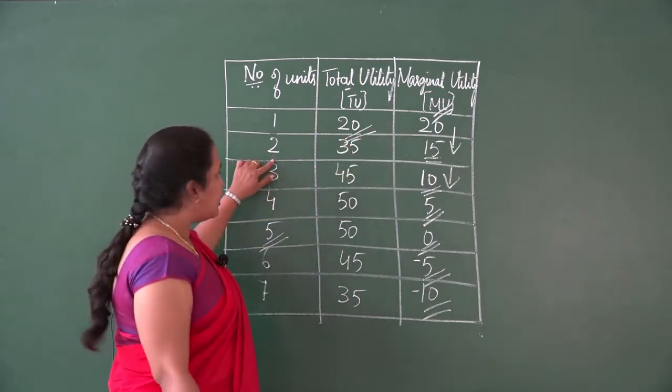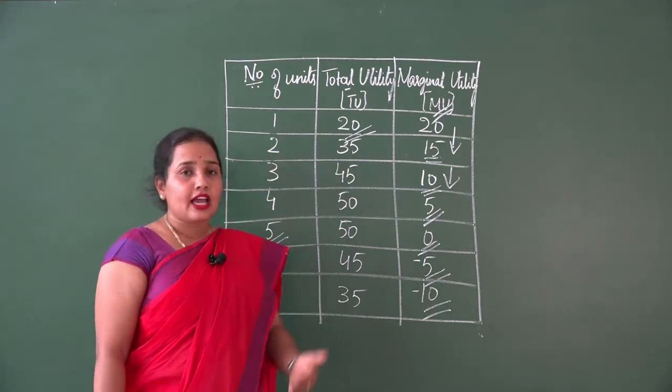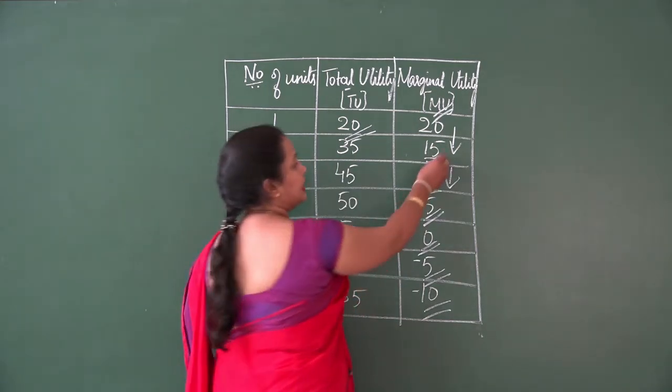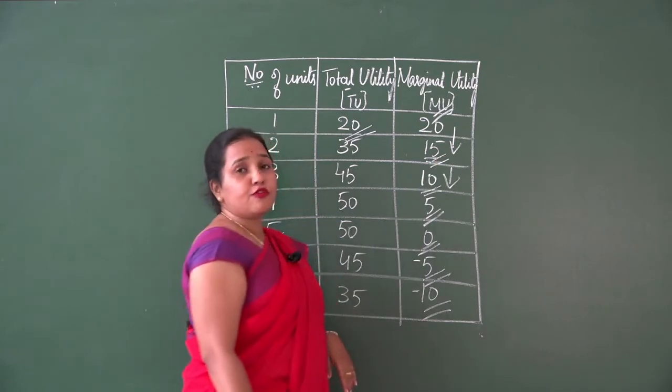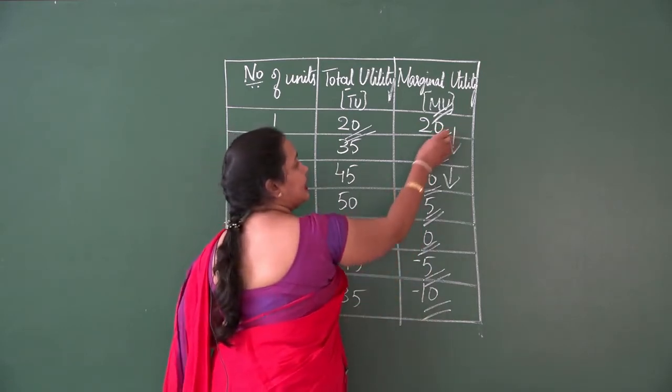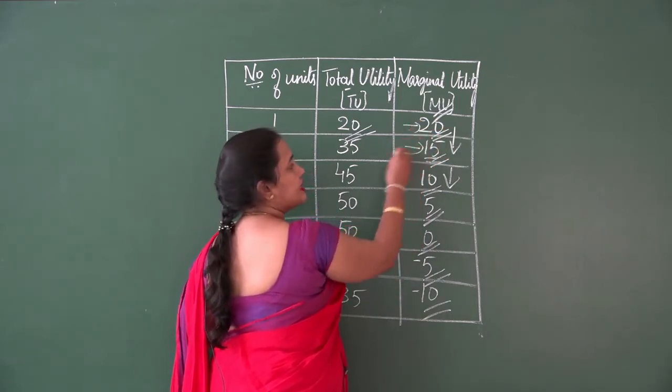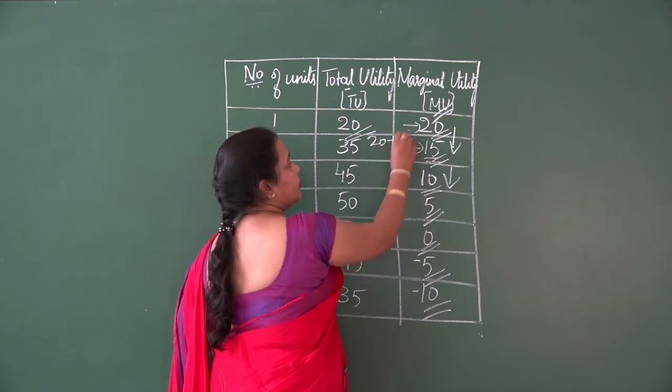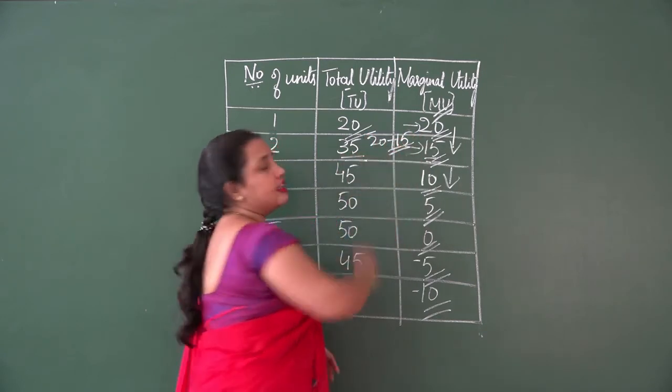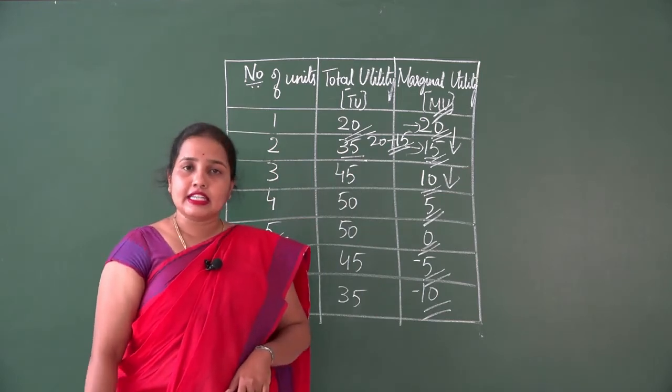And at the second unit, the utility derived, that is the marginal utility derived, is 15. Therefore, by adding the utility derived from the first unit and second unit, that is by adding 20 plus 15, we get the total utility, that is 35.